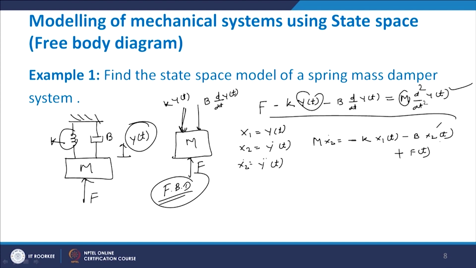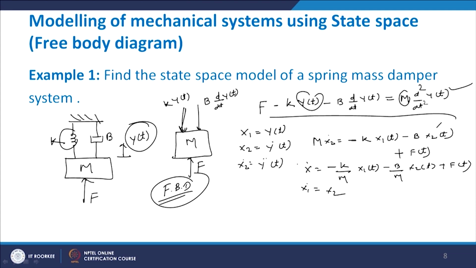Now, we take x2 dot equals minus k by m into x1 of t minus b by m into x2 of t plus f of t by m. And what about x1 dot? x1 dot equals x2.